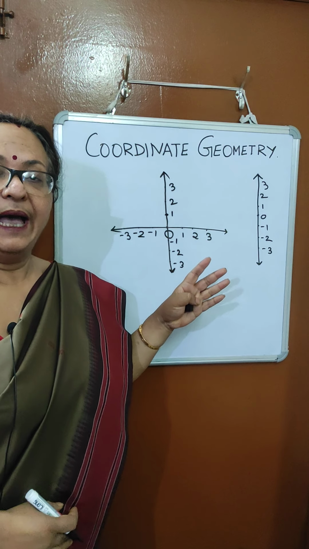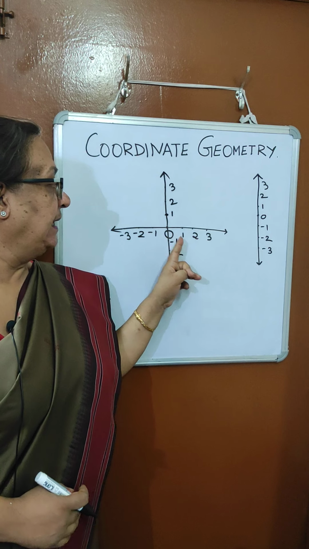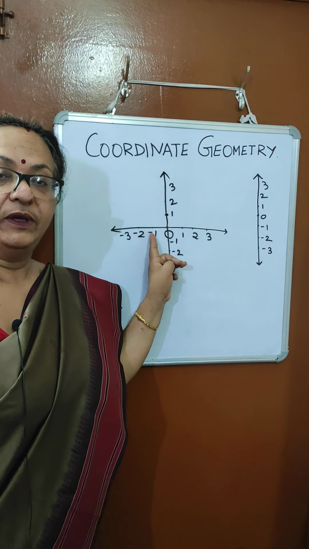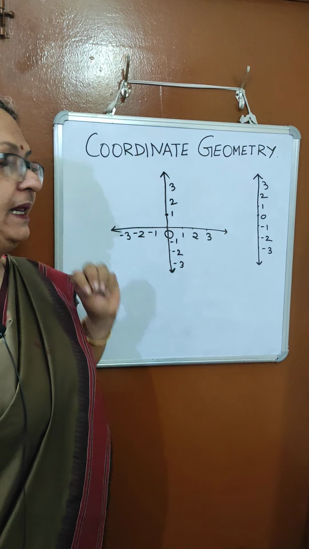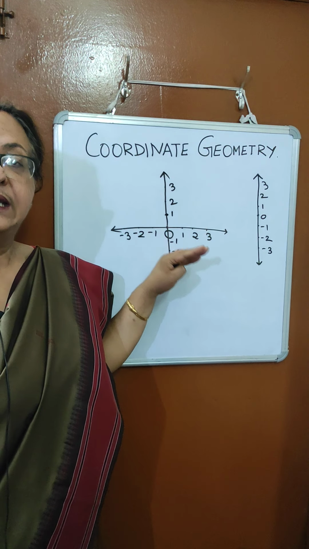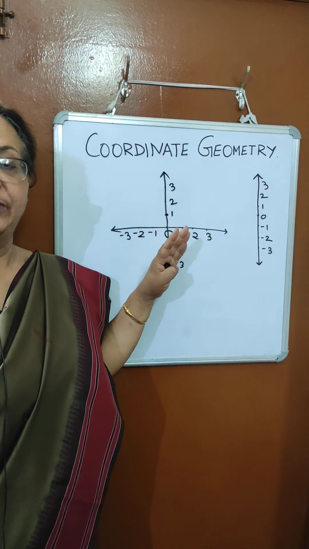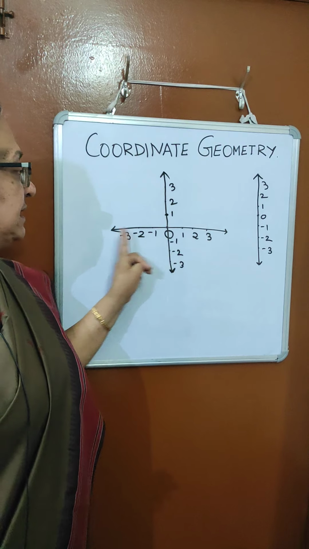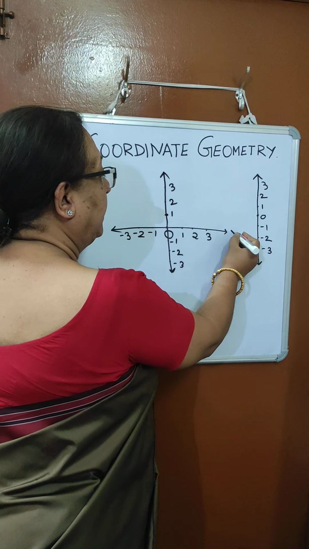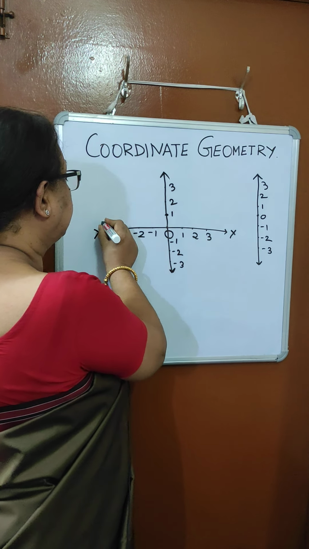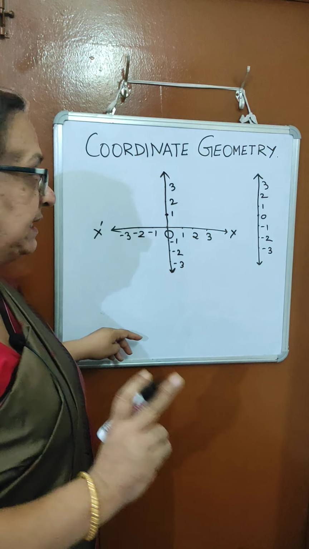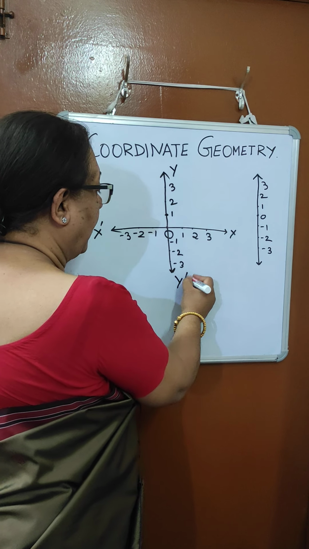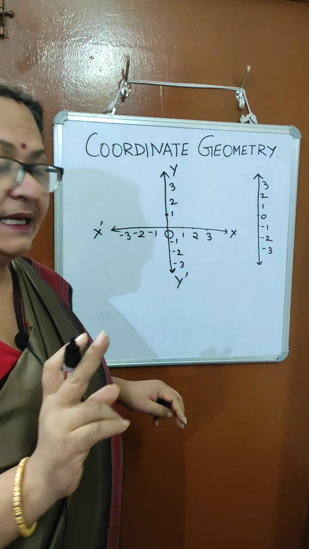So what do we have here? Just two number lines such that the 0 of this coincides with the 0 of the previous one, and they are placed like this. So this is what we call a Cartesian plane. Okay, Cartesian plane, two axes. The first one, the horizontal one, we call x dash, or the x axis. Vertical one is y dash, or the y axis.